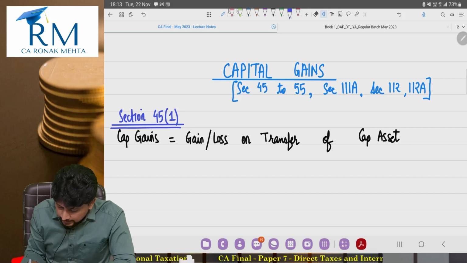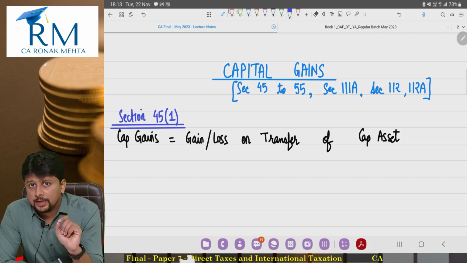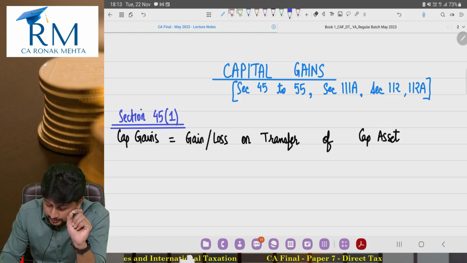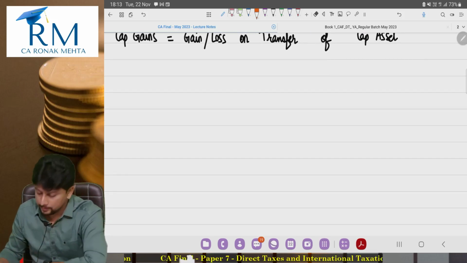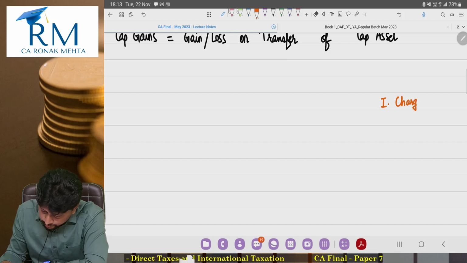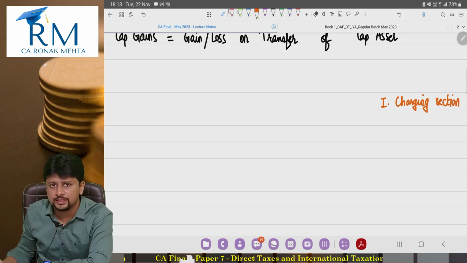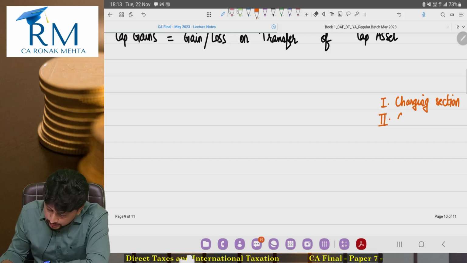I don't know if anybody has told this to you at your CA Inter, but whenever you are studying any head of income, the correct sequence to be followed for studying the head of income is, first of all, you have to focus on the charging section. Any head of income, first you focus on the charging section. After that, you look into the computation aspects.